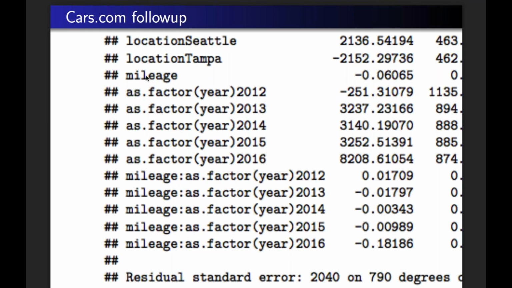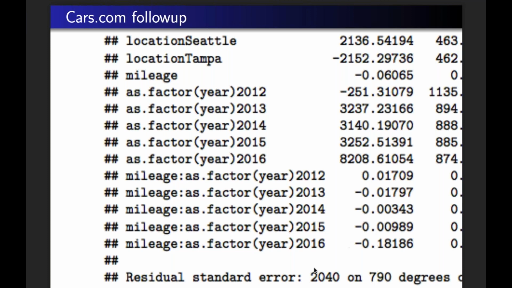So for every additional mile, the price goes down by about 0.06, sorry, about 6 cents. But if we contrast that with the interaction term for 2016, we see there's an additional 18-cent hit: for every additional mile in 2016, we would expect a car, holding location fixed, to cost about 24 cents less. That's a very useful insight to make sense of these data, that depreciation effect I talked about.